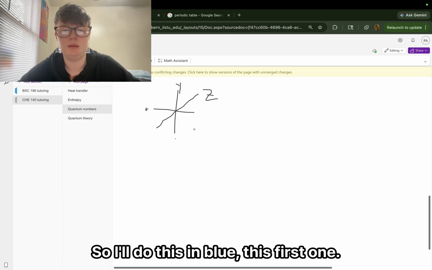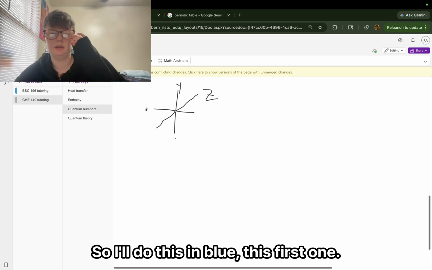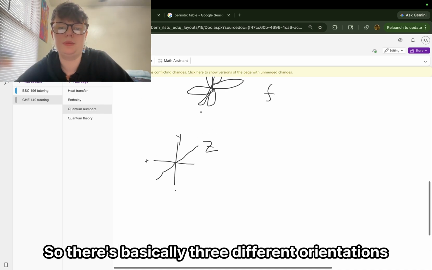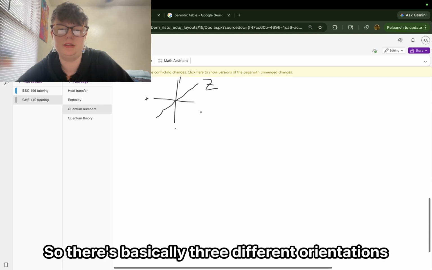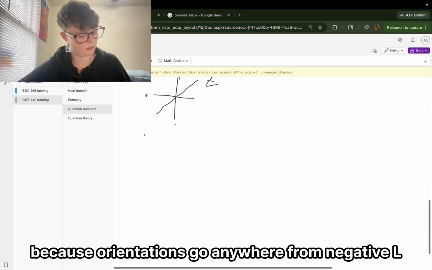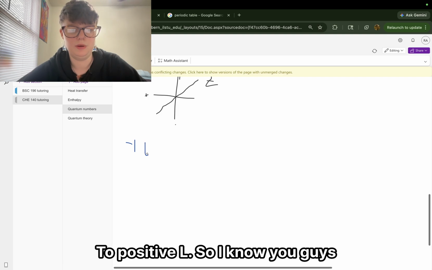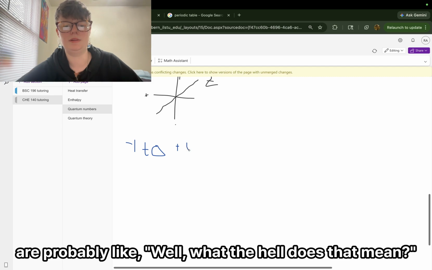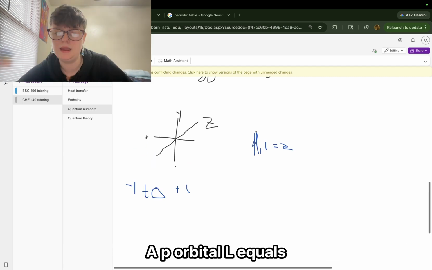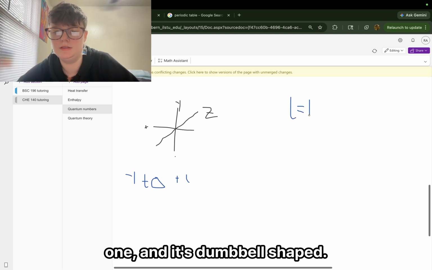I'll do this first one in blue. There are basically 3 different orientations, because orientations go anywhere from negative L to positive L. I know you guys are probably wondering what that means. So a p orbital, L equals 1, is dumbbell shaped.